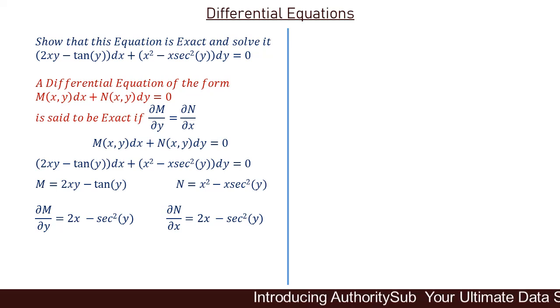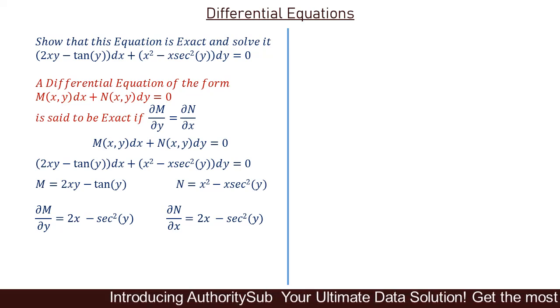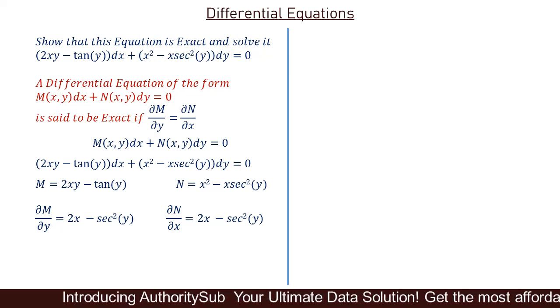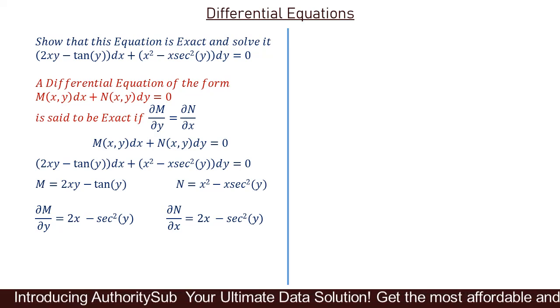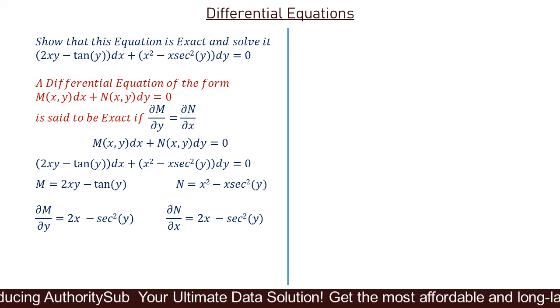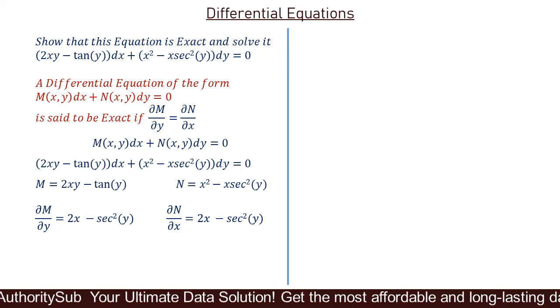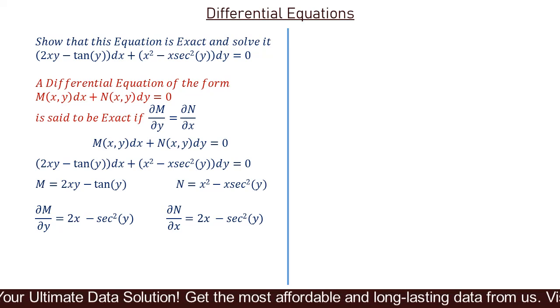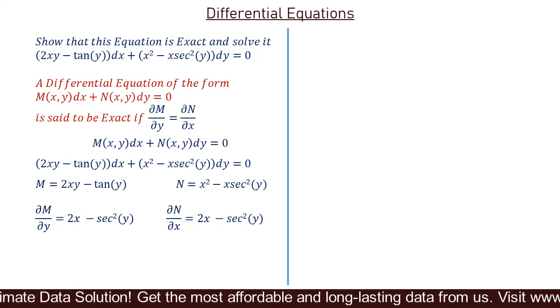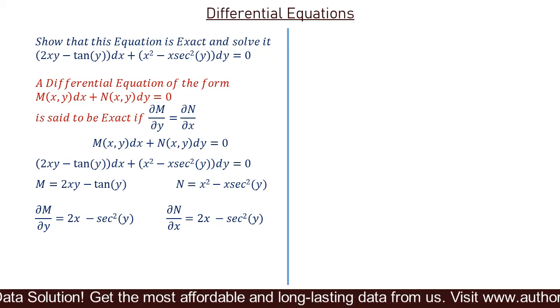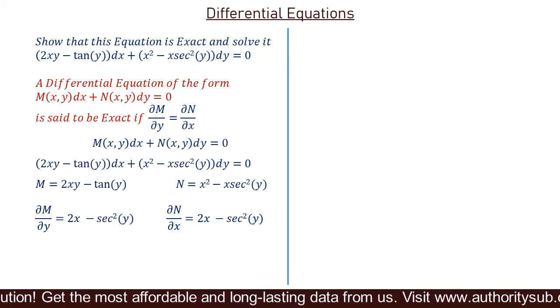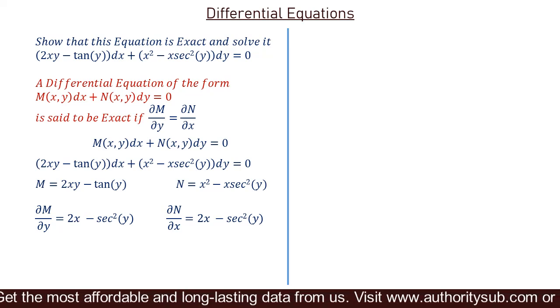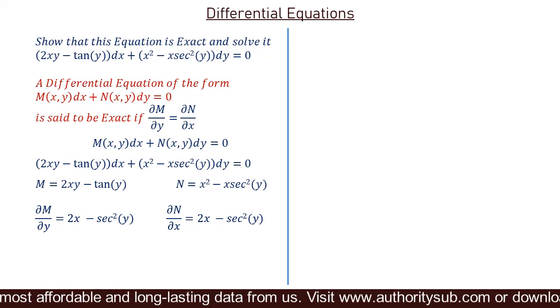Are we together? Yes. Then for the part of N, we have x² − x sec² y. Let's differentiate it partially with respect to x. Differentiating x², we're going to get 2x. Now, differentiating −x sec² y with respect to x, applying product rule: differentiate x, multiply by sec² y, plus differentiate sec² y, multiply by x, right?